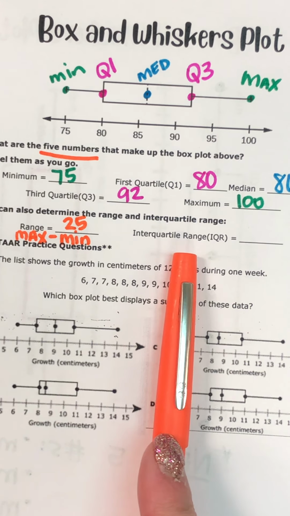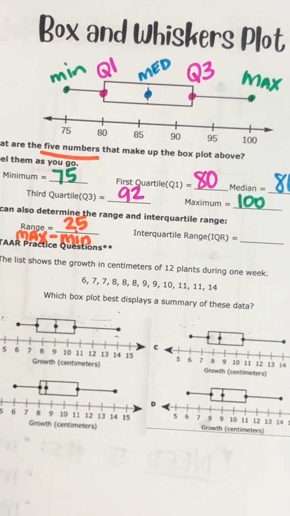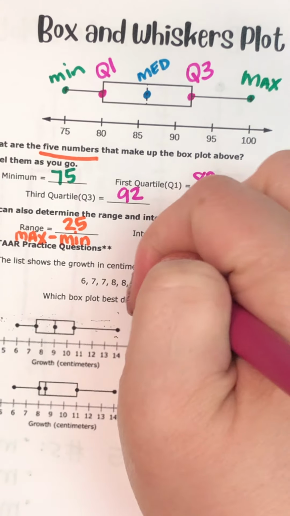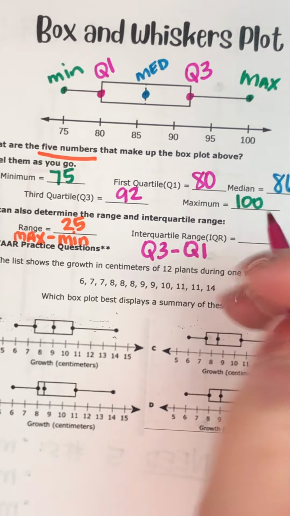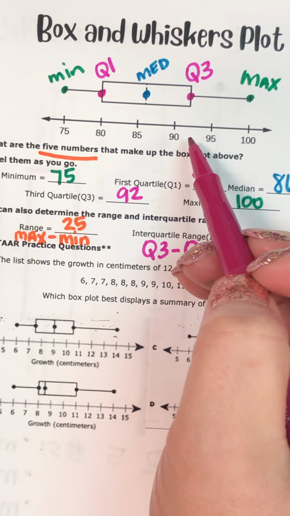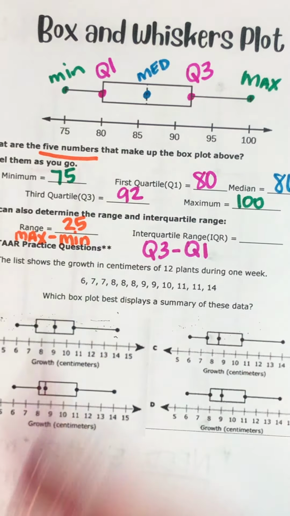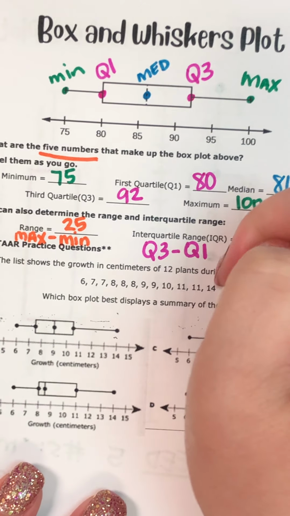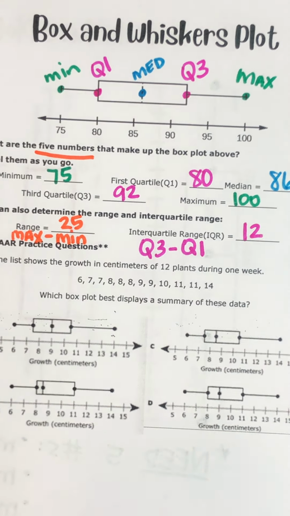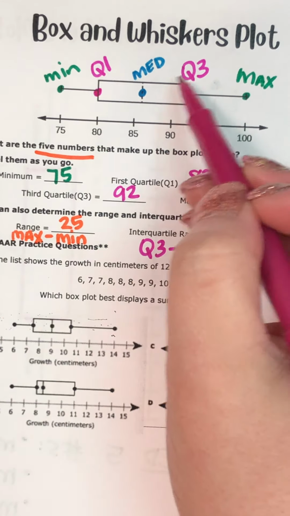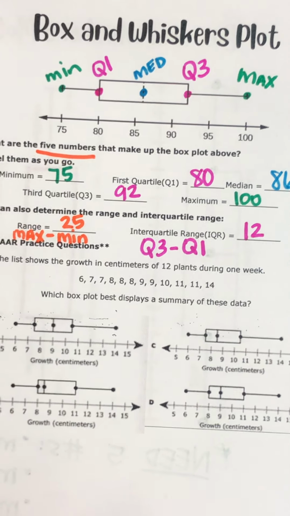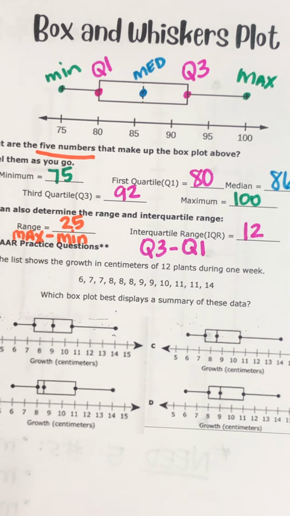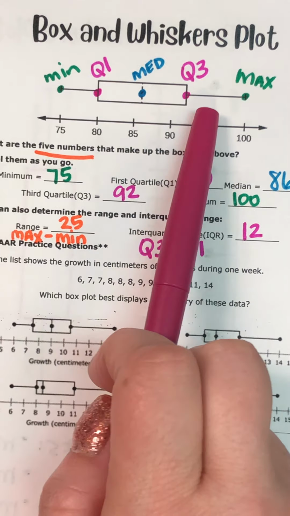Interquartile range is your range in the box, so I take my Q3 and subtract my Q1. That's 92 minus 80, which is 12. That's all the information you can pull from a box and whisker plot. And remember, each of these sections in between has 25%.